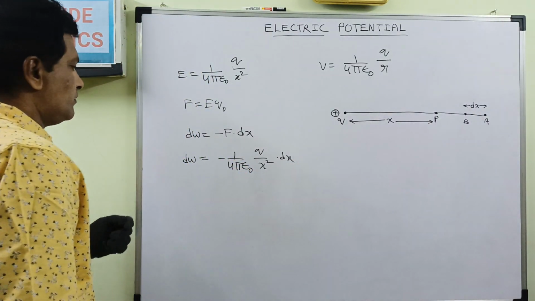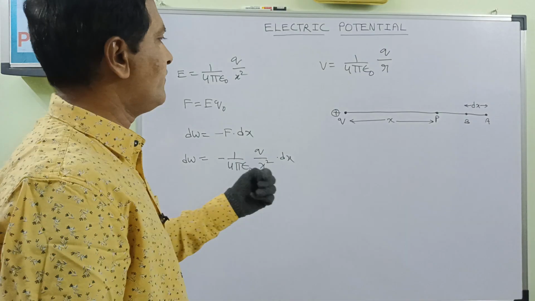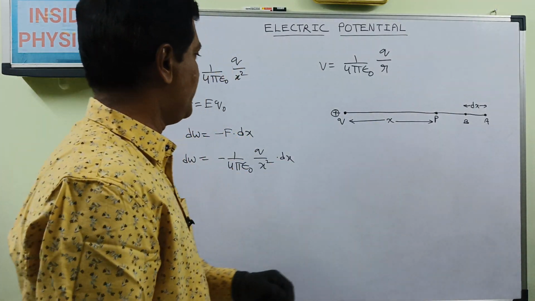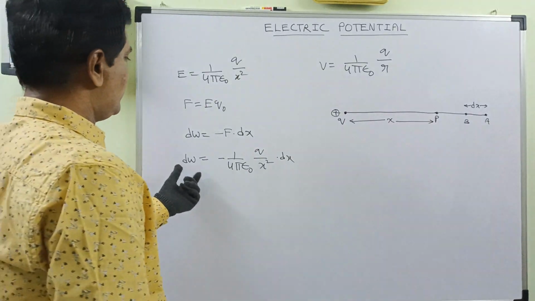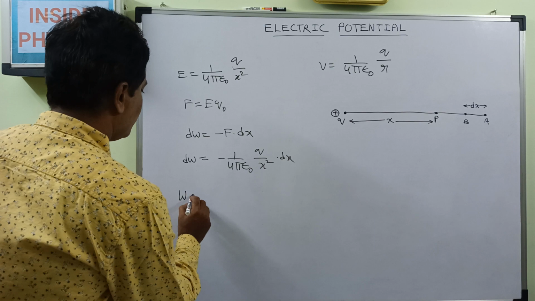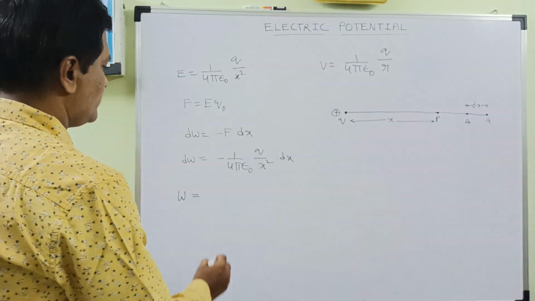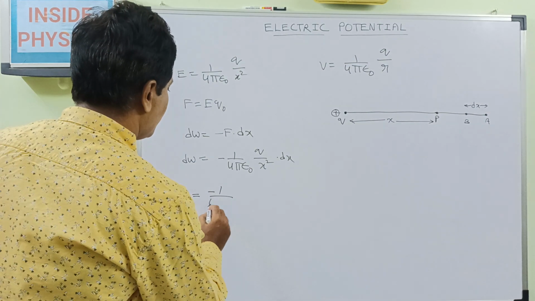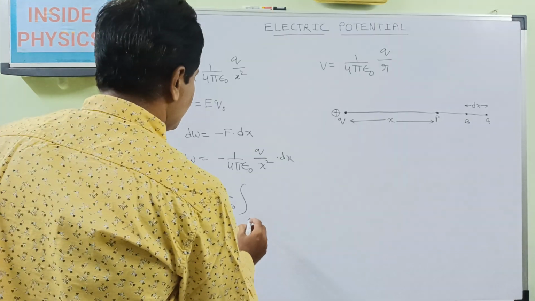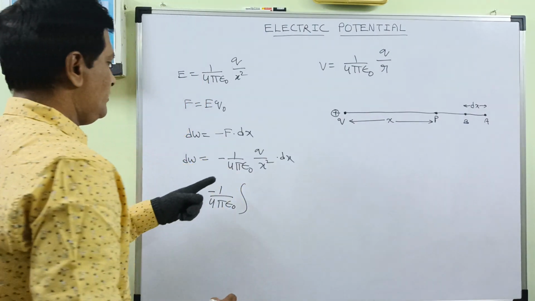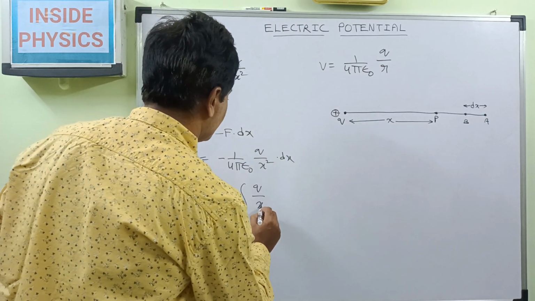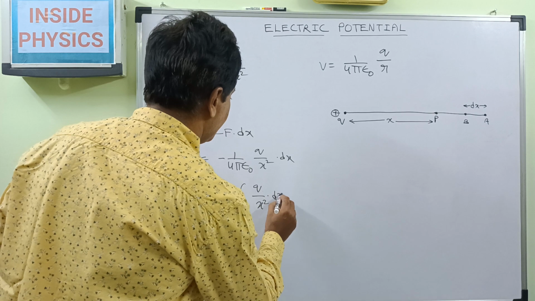If you want to know the entire work done to move a unit positive charge from infinity to point P, we will integrate this equation. Then W is equal to, we bring 1 by 4 pi epsilon naught outside the integration, 1 by 4 pi epsilon naught q by x square dx.